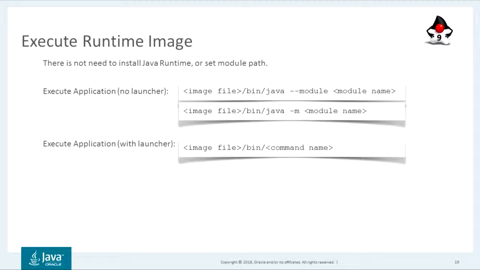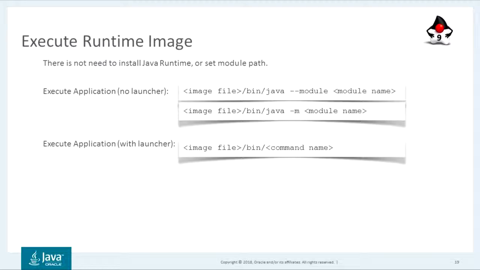And the execution of a Java runtime image is just as simple as that. If you provided the module which contains the main class definition in there, then you don't need any further specification, just run the module name. Or if you didn't provide it, you could say which class is your main class, essentially the command within the module which will correspond to what you want to execute.